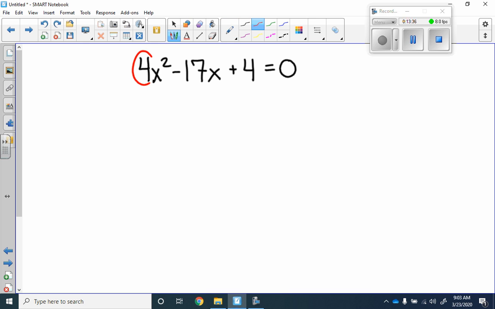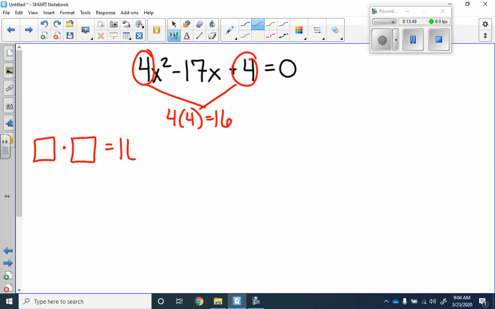So now I'm going to take the two numbers here and multiply them together. So 4 times 4 gives us 16. So I need two numbers that multiply together to give us positive 16, and then those same two numbers have to add together to give us negative 17.